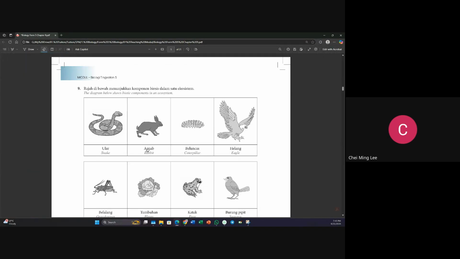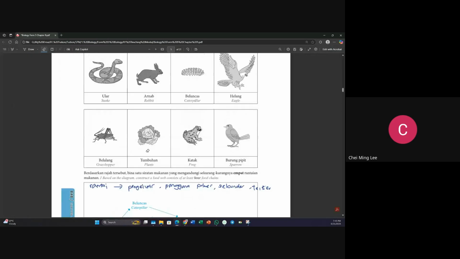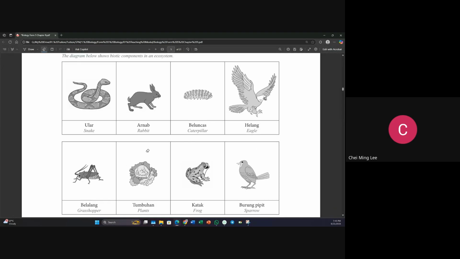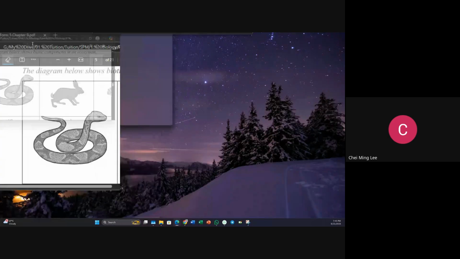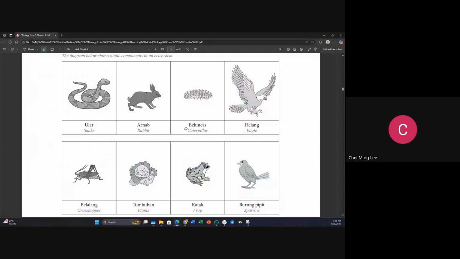This diagram shows you the biotic components involved in your ecosystem. So use this to form a food web. Try to do this as a food web.